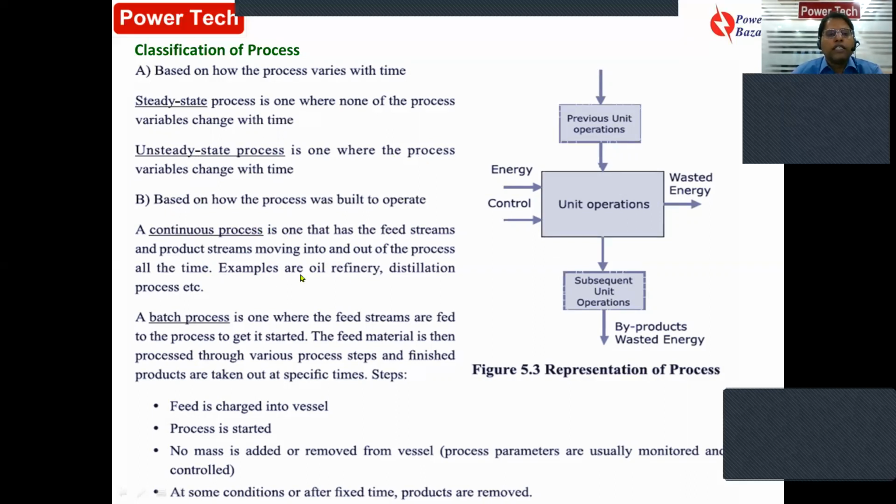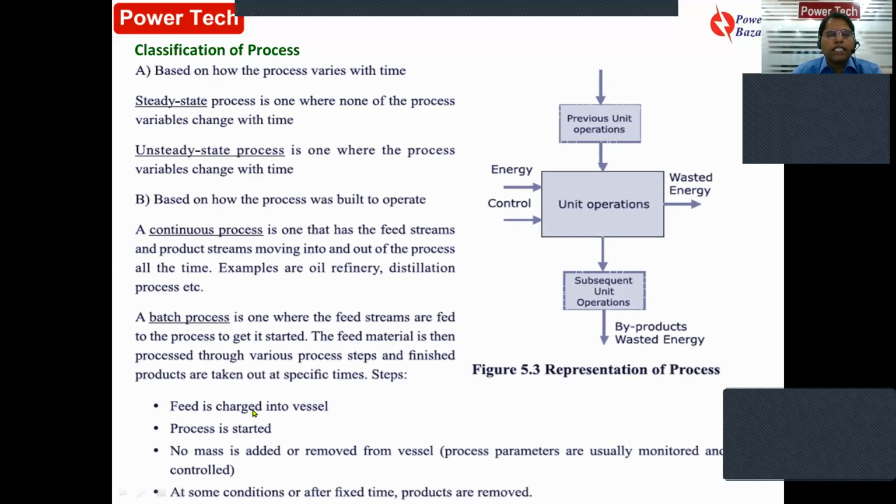Oil refinery and distillation processes are continuous processes. But what is a batch process? A batch process is where feed streams and energy are fed into the process to get it started. The feed material is then processed through various process steps. Finished products are taken out at specific times.